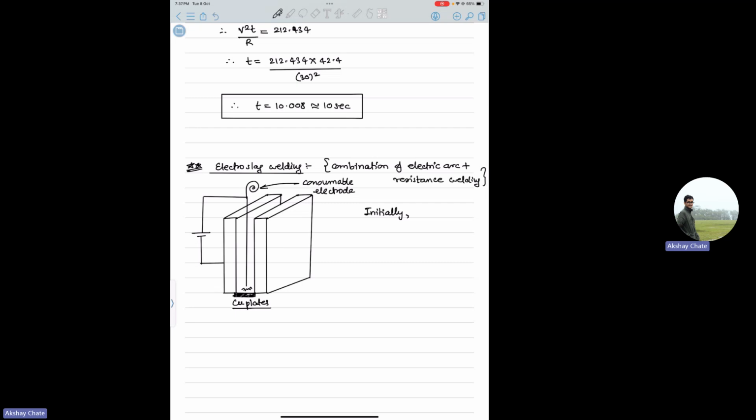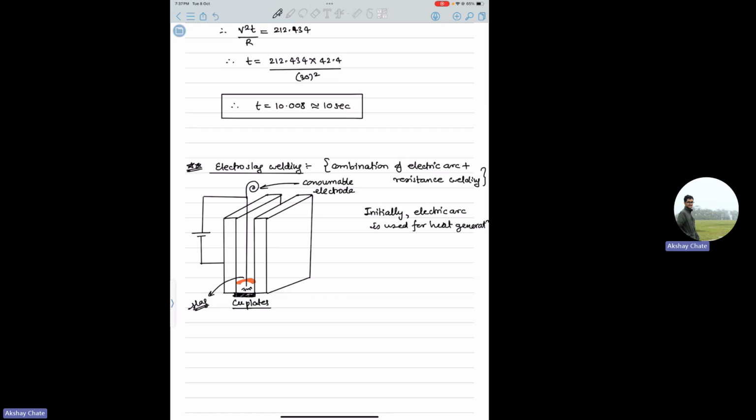Electric arc is used for heat generation. But then what happens when you have electric arc? You use certain flux, and then you have this slag formation. So this is the typical electric arc welding characteristic.